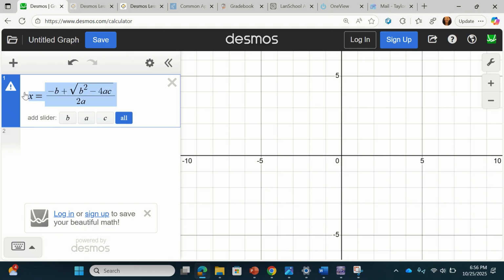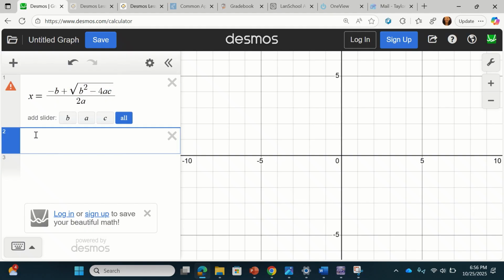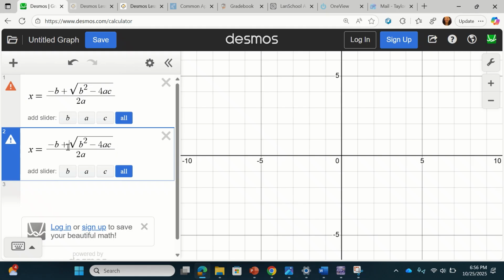And what I'm going to do is highlight that entire thing, Control C to copy, Control V to paste, and then I'm just going to change that plus sign to a minus, because why would I type that whole thing twice when I can copy paste it and just change it? So that's what I meant by the positive and negative versions.